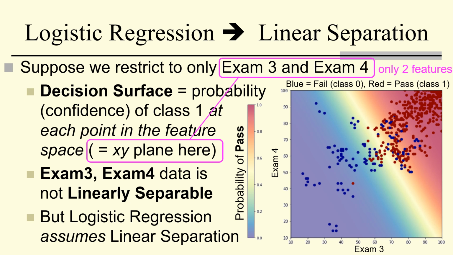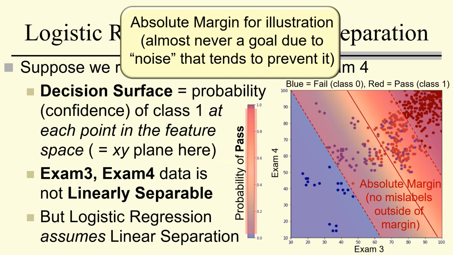It's almost linearly separable, though, at least visually. In other words, we could put a margin in, and then that margin could give us very high accuracy as long as we weren't looking at points in the margin. Or we could come up with what's called an absolute margin, which means there are no mislabels outside of that margin.